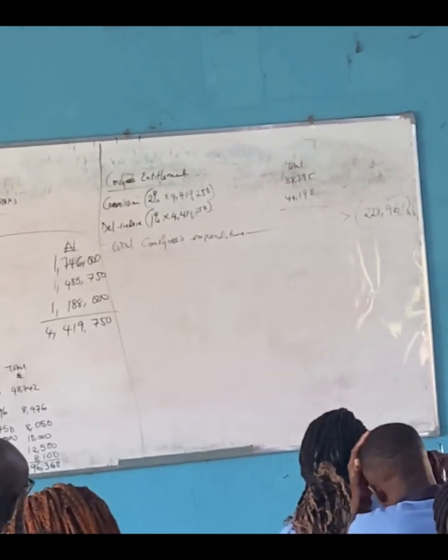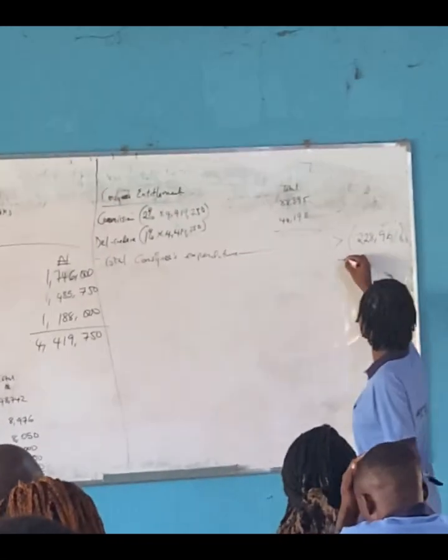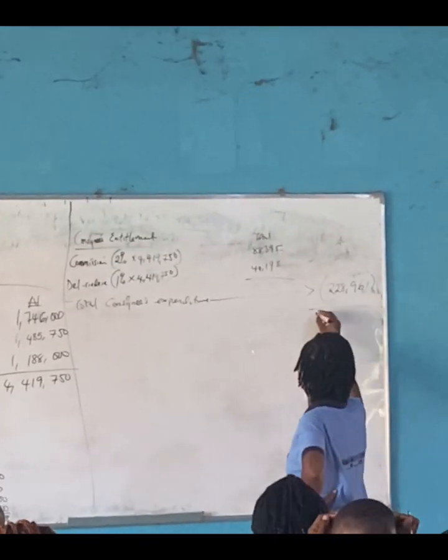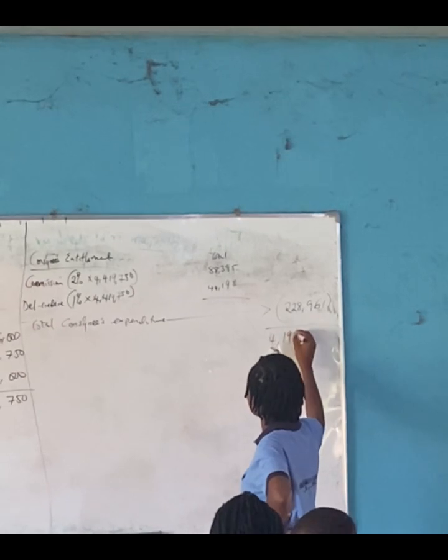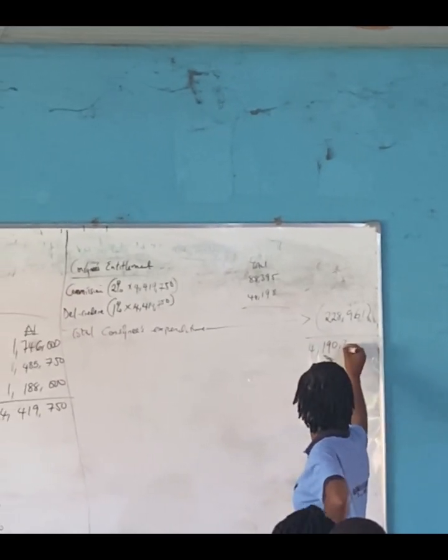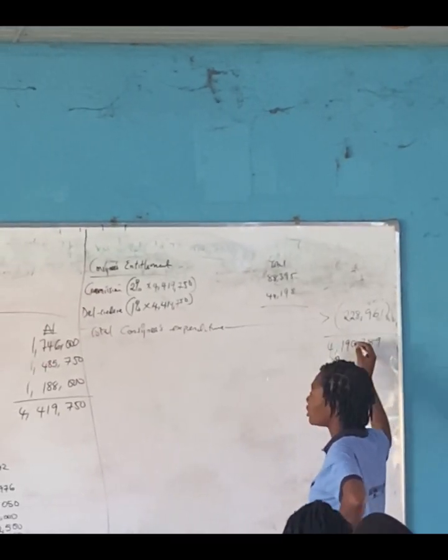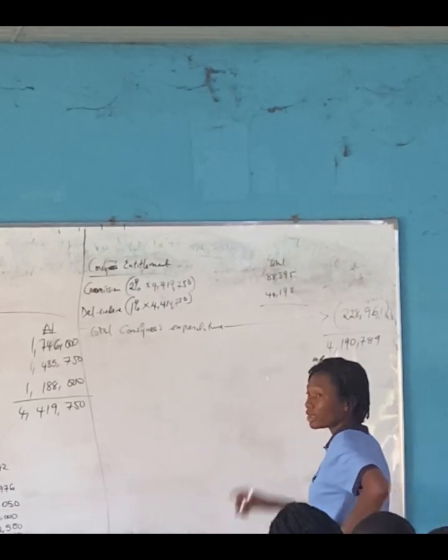So when you deduct now, how much do we have? 1,190,000. Hope we did the correct minus.